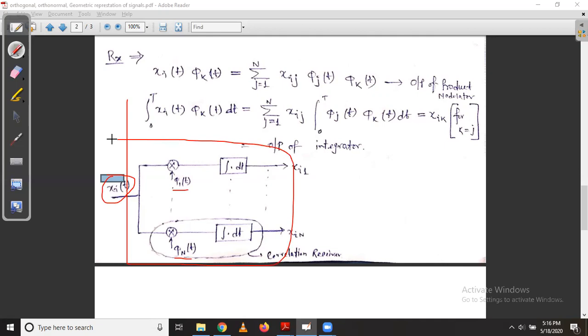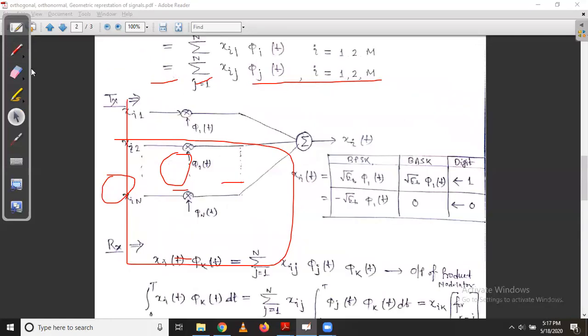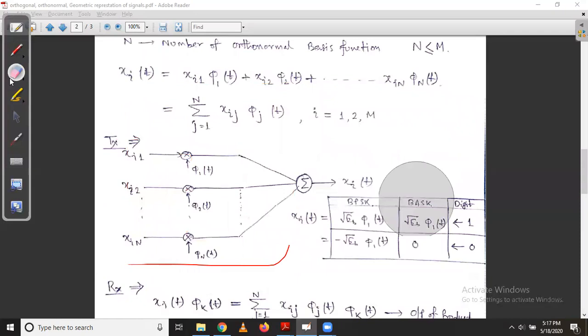After this product modulator or multiplier, we have some integrator. So this xit which is transmitted, multiplied by some basis function, where xit is the summation of xij and phi j. Here you see, xit is the summation of this one.